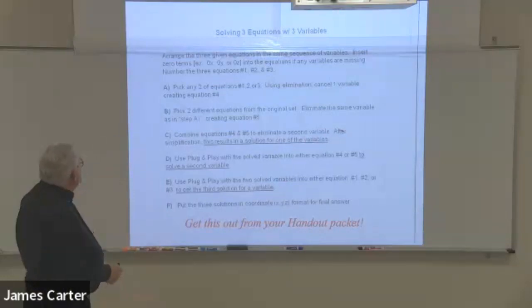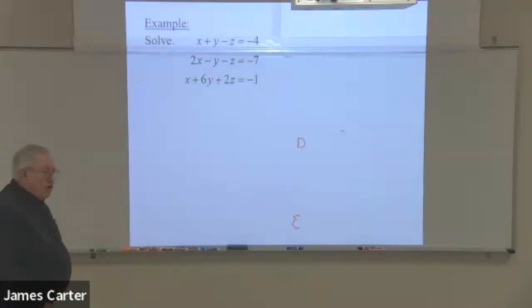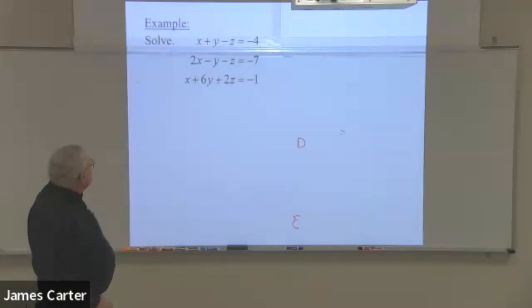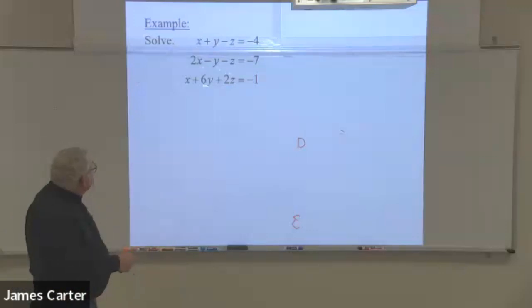So, what are we going to do here? Well, you can read through that. You've got it right in front of you. Here are 3 equations in 3 variables. This is the equation of some flat sheet of paper. That's the equation of a different one and a different one yet. Okay?